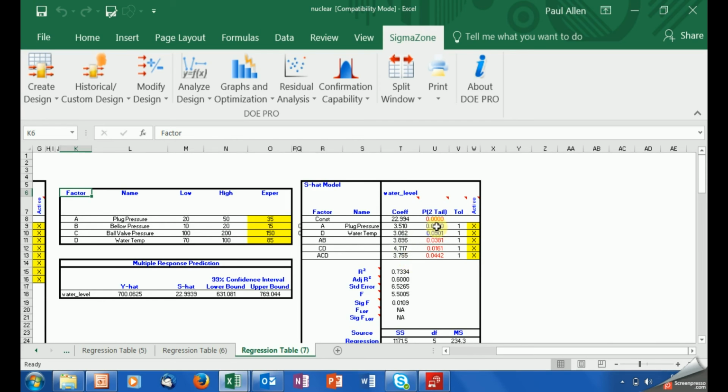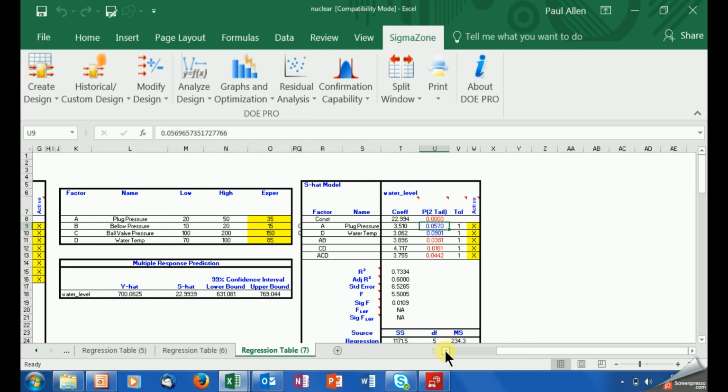So the blue p-values, just a reminder, if they go below 0.1, it will go blue. If it goes below 0.5, so you can see that one there, look, for the plug pressure isn't quite below 0.5, so it stayed blue. But if it goes below 0.5, then the p-value goes red. And we just want to see red and blue p-values in the model.